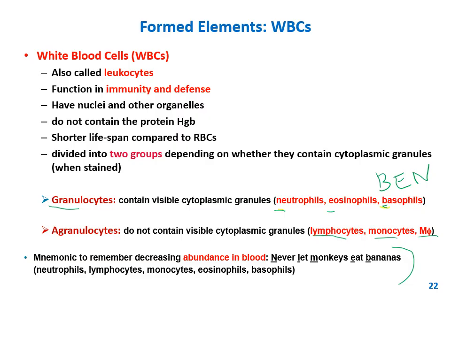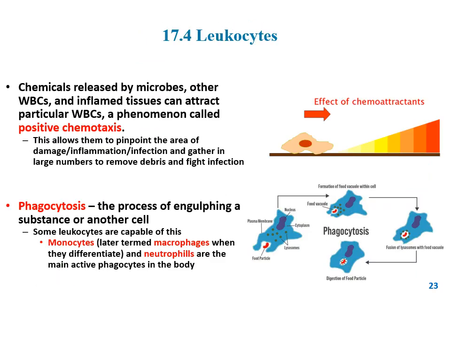The way to remember the order is to use this mnemonic: Never let monkeys eat bananas. You look at the first letters: never for neutrophils, which are the most abundant, then let for lymphocytes, then monocytes, eosinophils, basophils. The most abundant really are the neutrophils, up to about 70% of the blood.